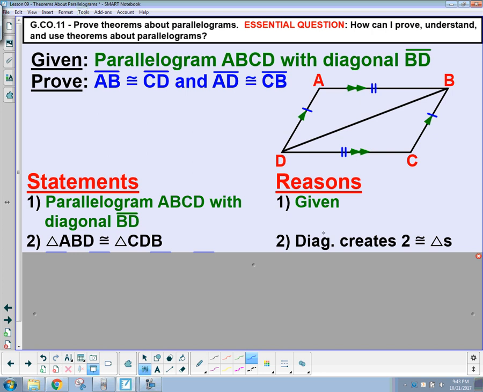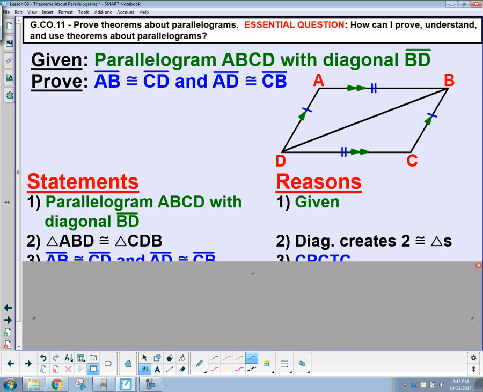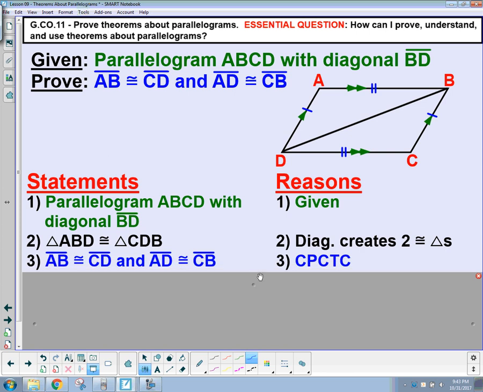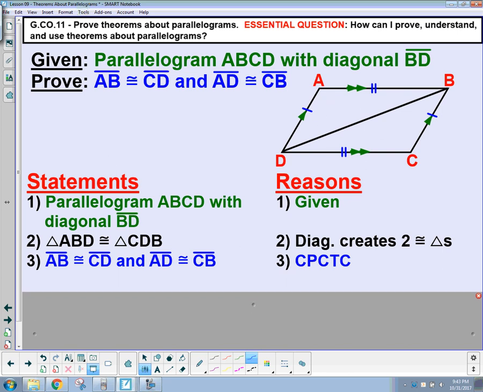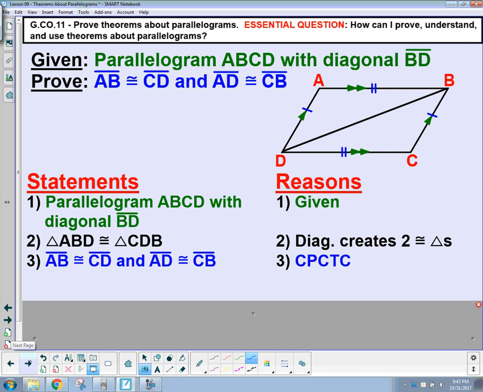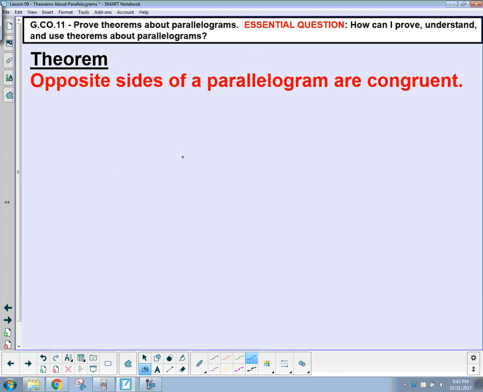Am I being lazy? Of course I am. And the fact that now we have two congruent triangles, we can use CPCTC to conclude that AB is congruent to CD and AD is congruent to CB. Imagine that. So our new theorem now is opposite sides of parallelograms are congruent.